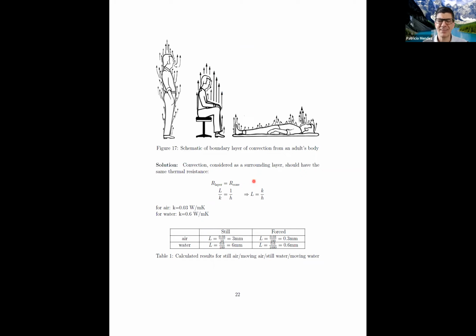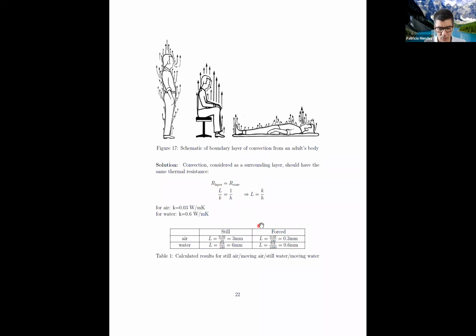But we said that in reality, convection is conduction through a boundary layer. We're going to see those concepts in much more detail later in the mechanisms of convection unit. But knowing that convection is in reality conduction through a boundary layer, that means this 1 over h is in reality the thickness of a boundary layer divided by the thermal conductivity of the fluid, air or water.